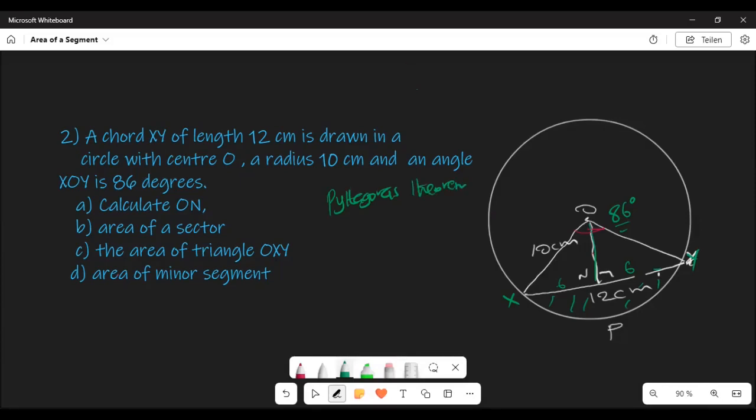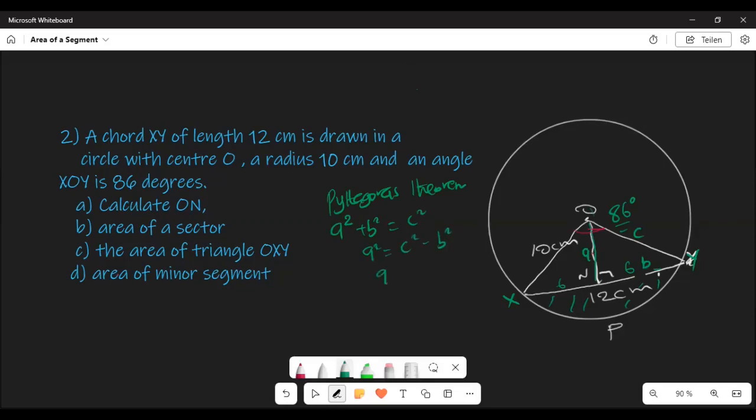Assuming that ON is A, NX is B, and OY is C, being the hypotenuse, we always say A squared plus B squared gives C squared. We are looking for A, so A squared equals C squared minus B squared.